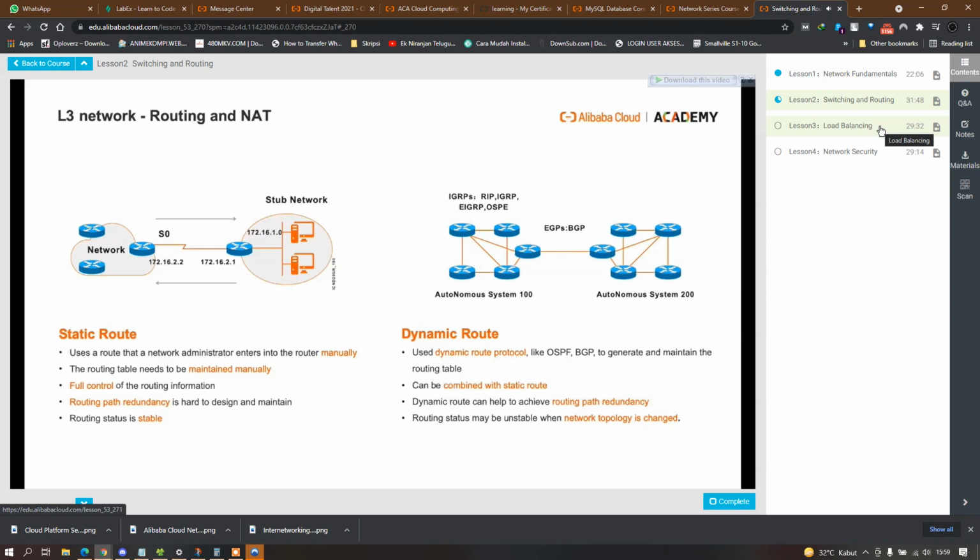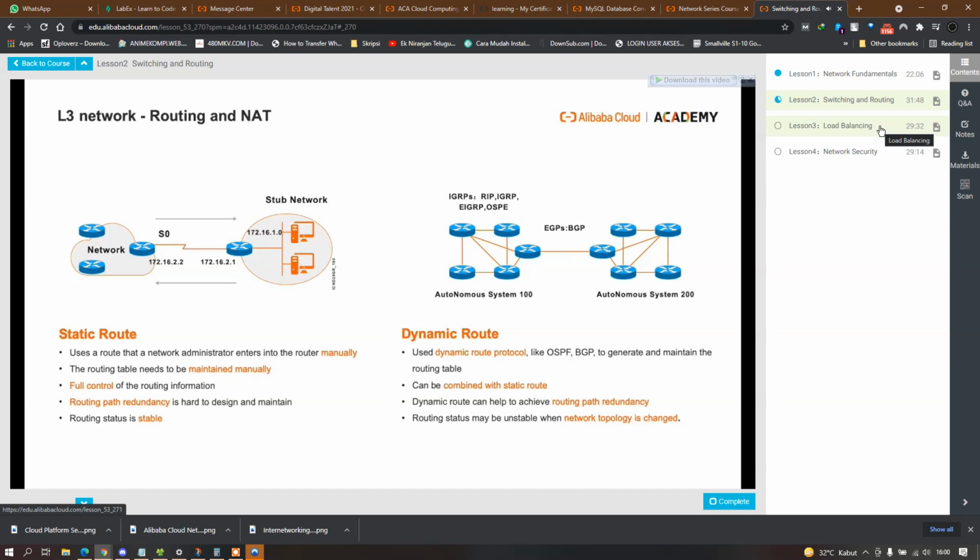But if you are using dynamic routing, you are not very clear about what the current routing information of the router is, because once the network architecture has changed at some moment, the dynamic routing protocol will regenerate the routing table and optimize the routing information.